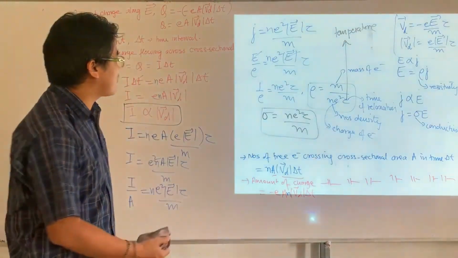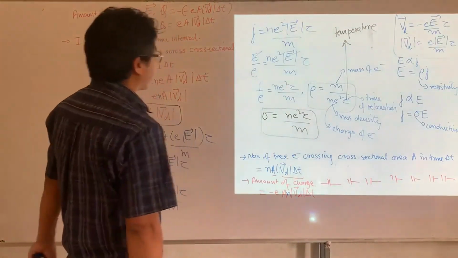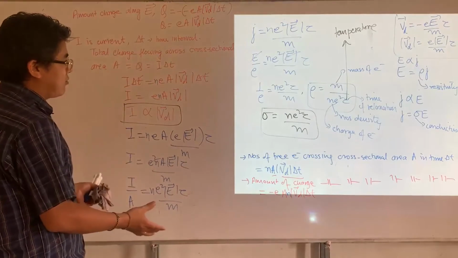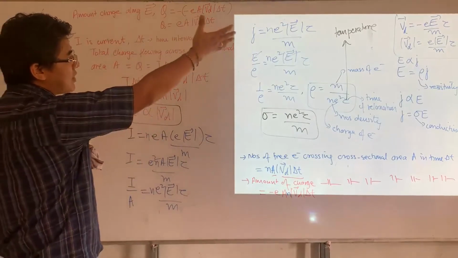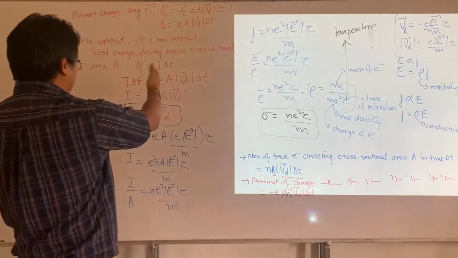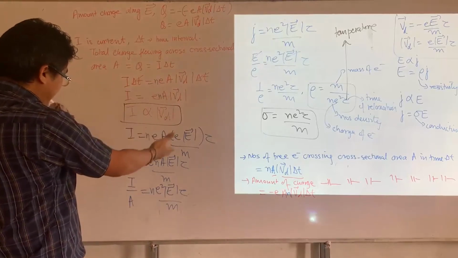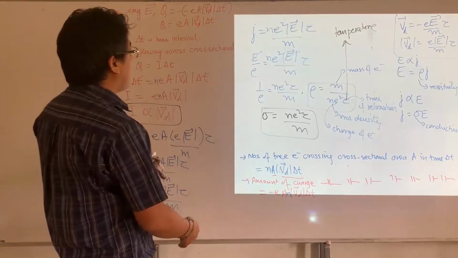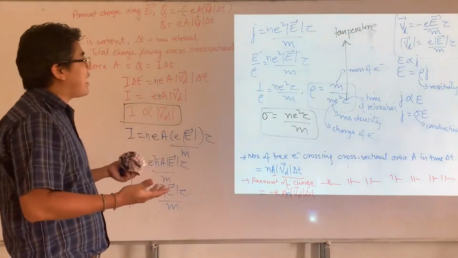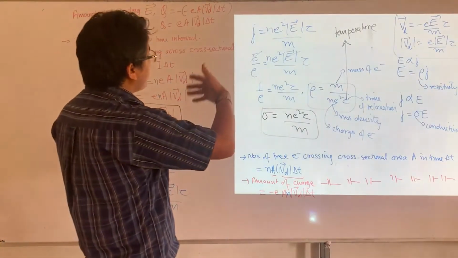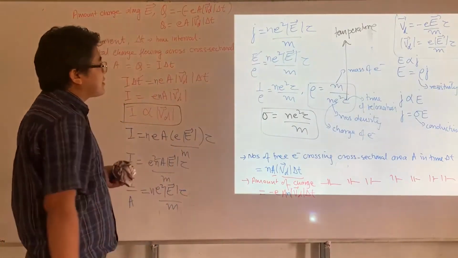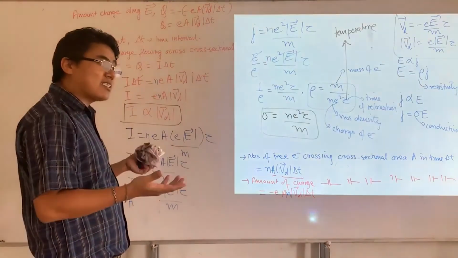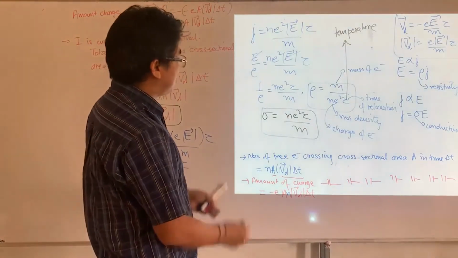Relating drift velocity and electric field, current and drift velocity, current and electric field, then current density, current density and electric field, and then later we found resistivity and then conductivity.